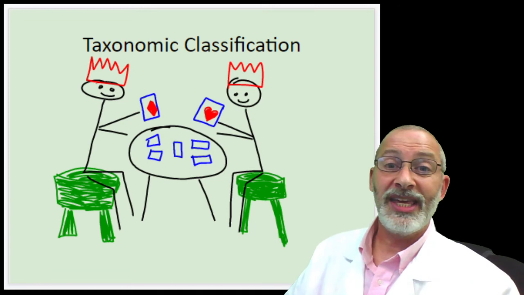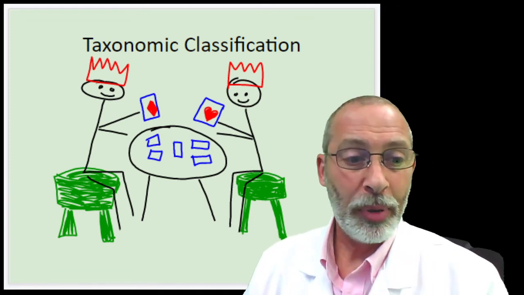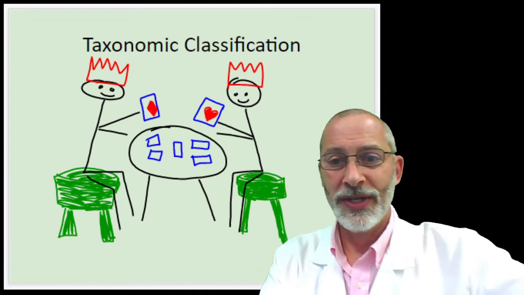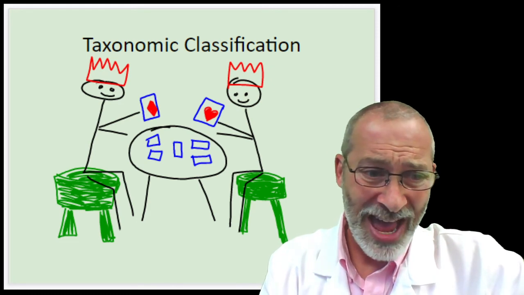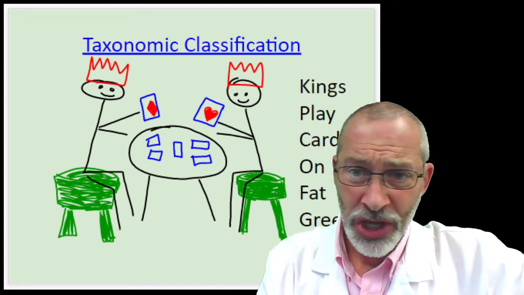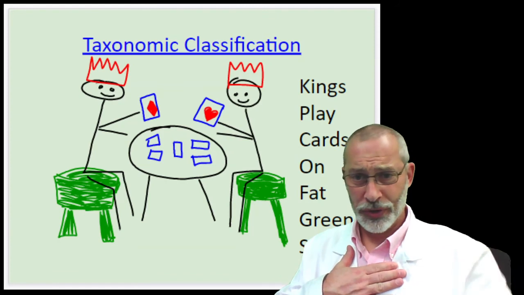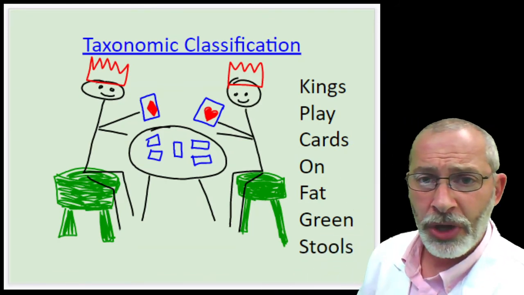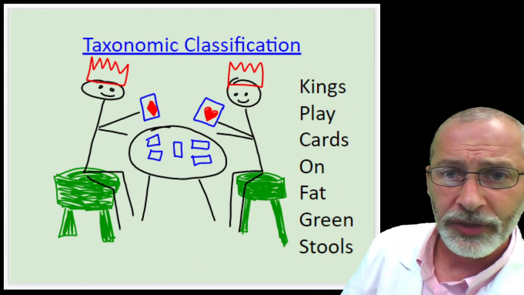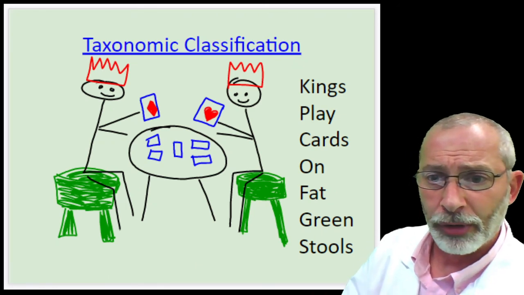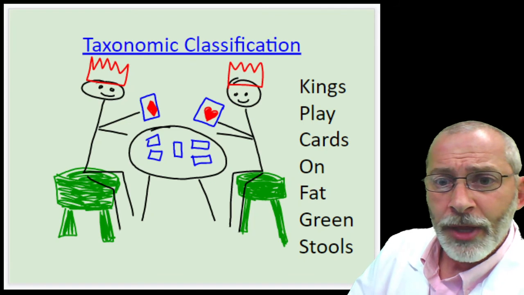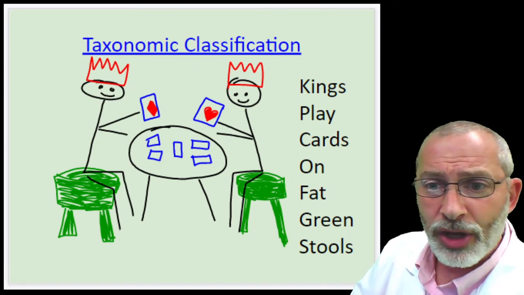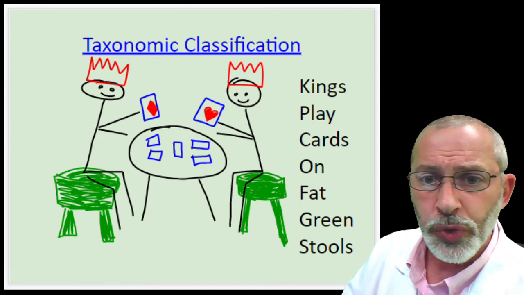Perhaps you see kings playing cards on fat green stools. And by the way, that last word is making no reference to the gastroenterologist from earlier in this lesson. But if you look at it, kings play cards on fat green stools.